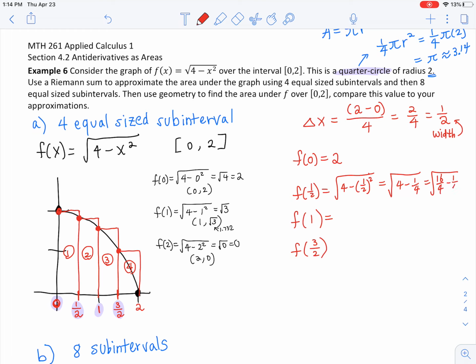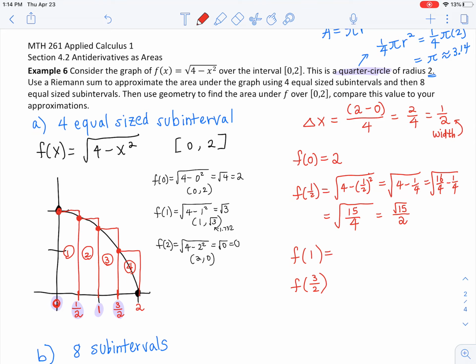So it's going to be square root of 4 minus what? 1/4, not 3. Don't go too fast. So that's going to be square root of 16 over 4 minus 1/4.